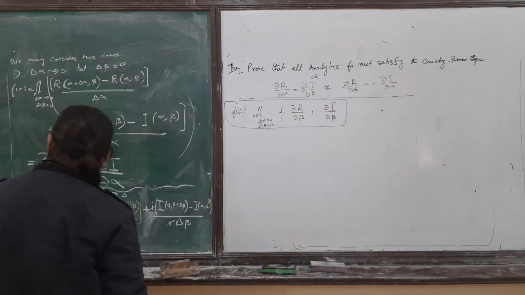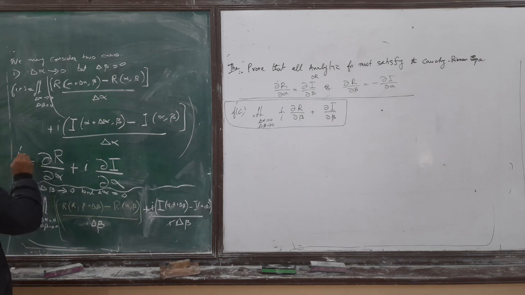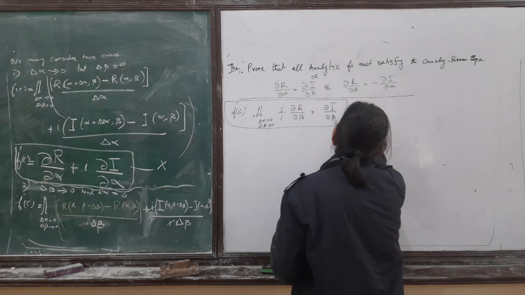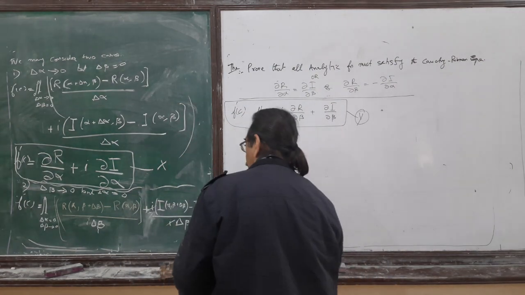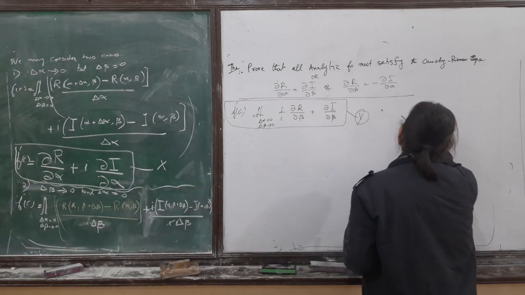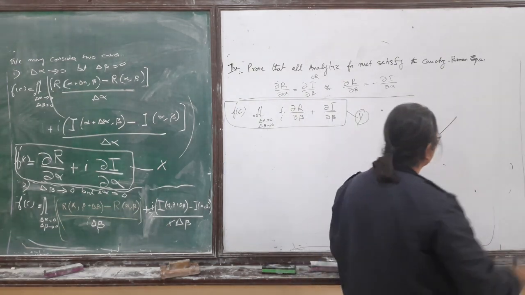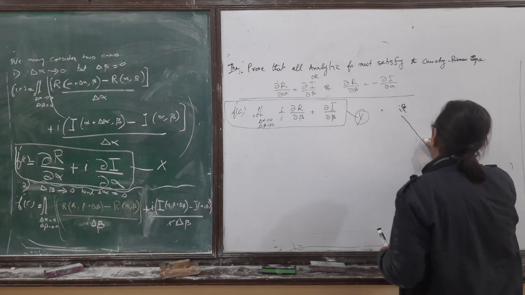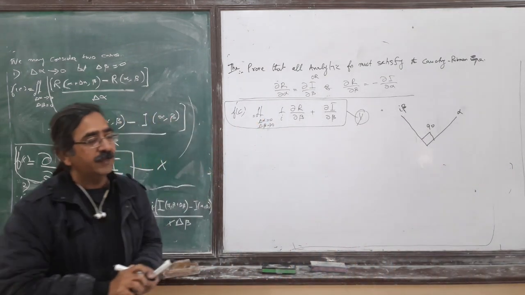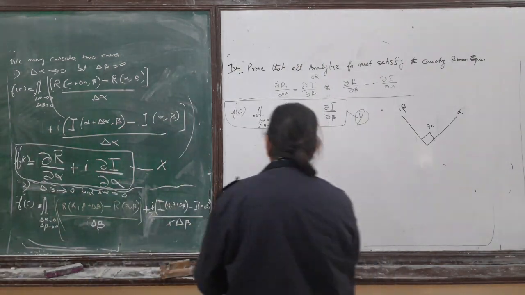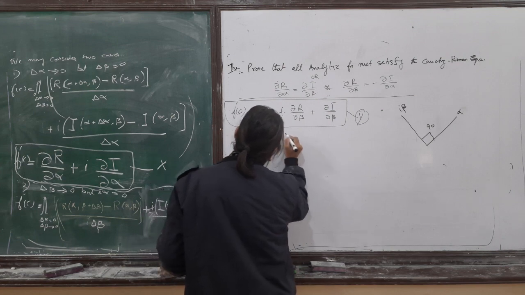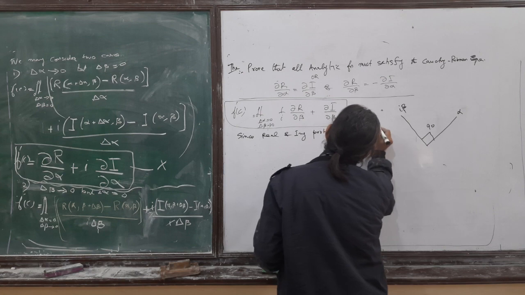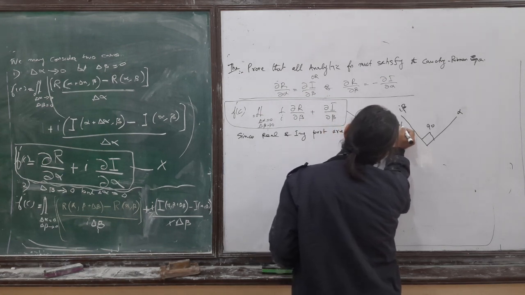So if I define that, one minute please. This is equation X, okay, and if I say this is equation Y, and we know that, as we know that they are making angle 90 with each other, since real and imaginary parts are linearly independent, as you may observe from this figure.